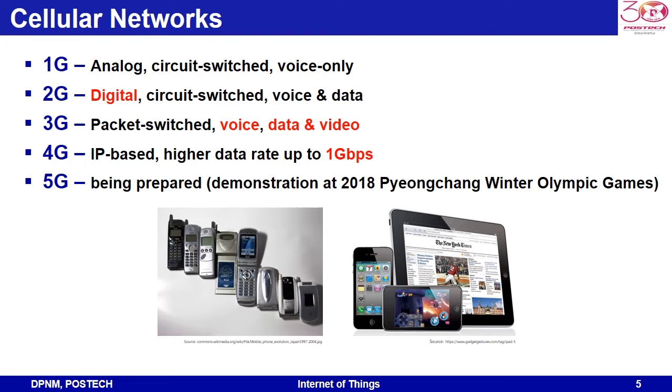Now, it is time for preparing the fifth generation, 5G, of cellular networks. So the LTE phone that you're using now is a 4G phone. Looking at the history of cellular phones, the first generation phone was analog and circuit switching was used, with only voice communication possible.